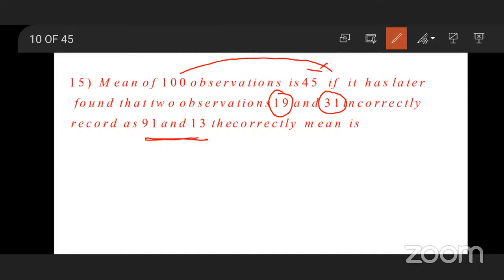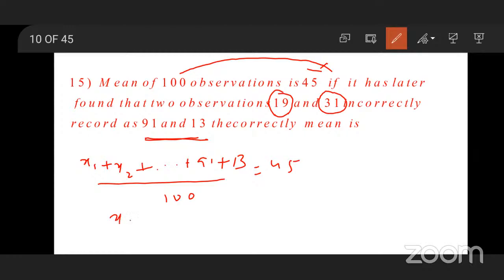So, how to find it, what is the simple method? First of all, what are the original records here? x1 plus x2 and so on, with 91 plus 13, divided by 100, is equal to 45. The wrongly recorded total value is 104 only. Therefore, x1 plus x2 and so on, with 104, is equal to 4500.